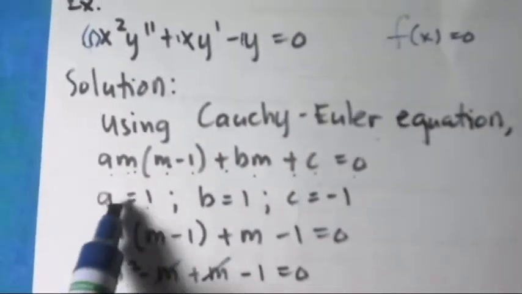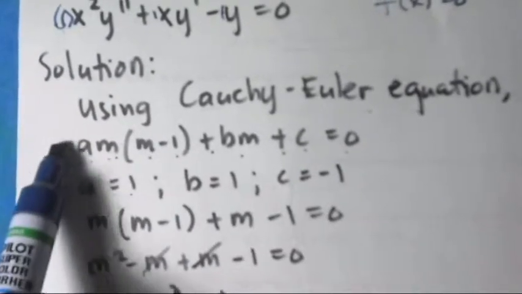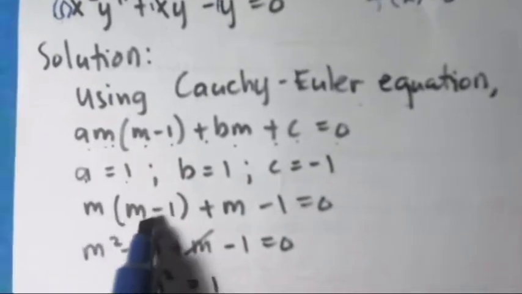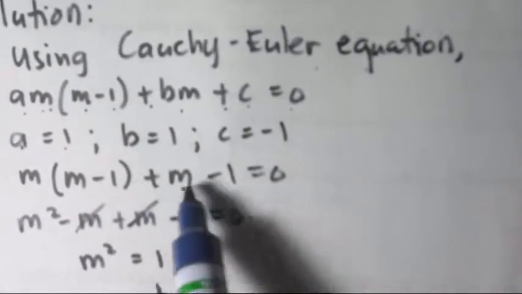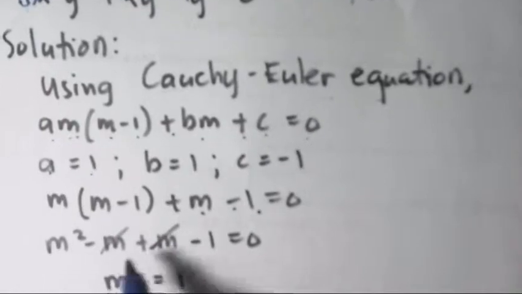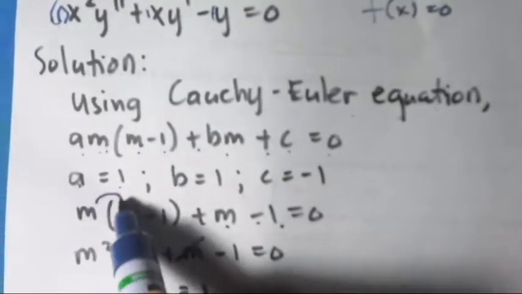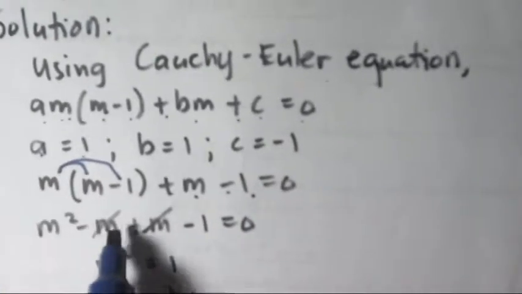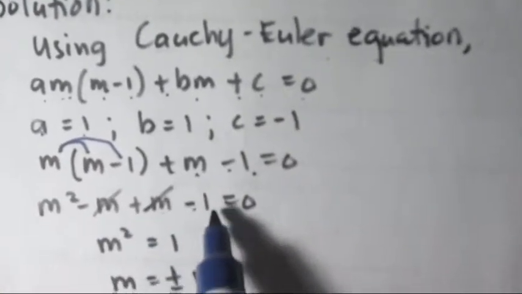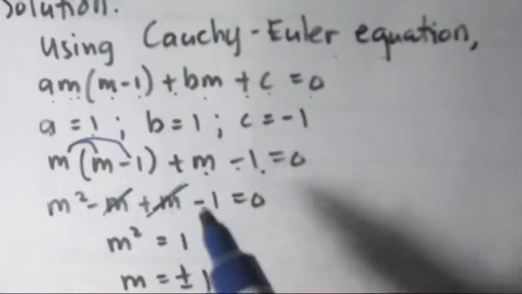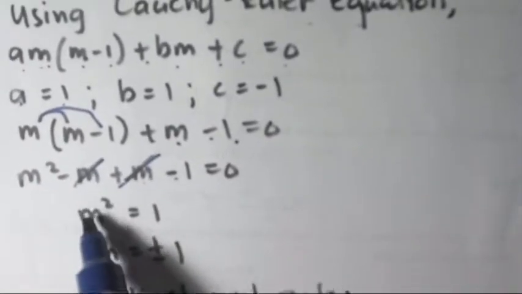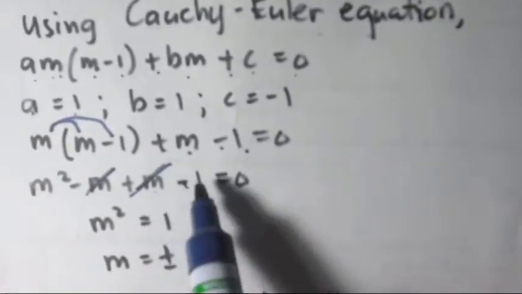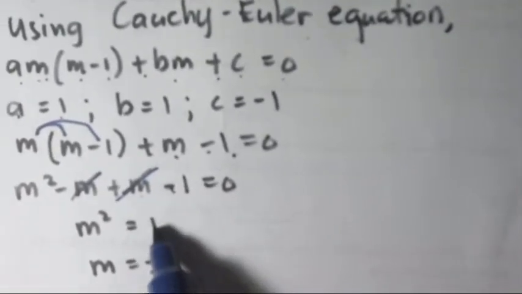By substituting these three values into our auxiliary equation, we have now m times (m minus 1) plus m minus 1. And we now distribute this m. Therefore, we have m squared minus m plus m minus 1. And we now can cancel these two values. Therefore, we have m squared minus 1, and transposing this negative 1, it will become a positive 1.